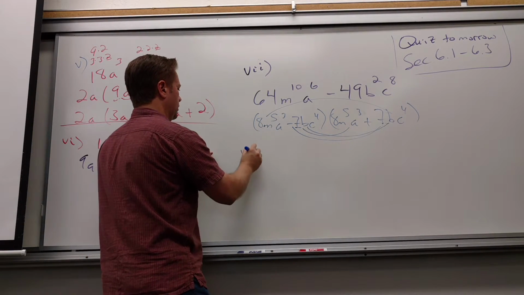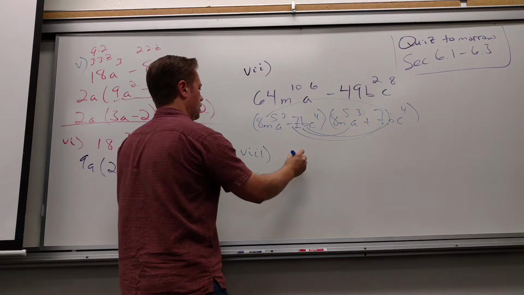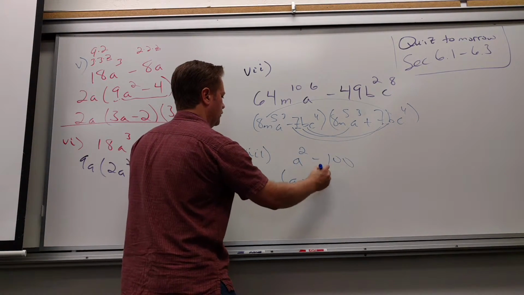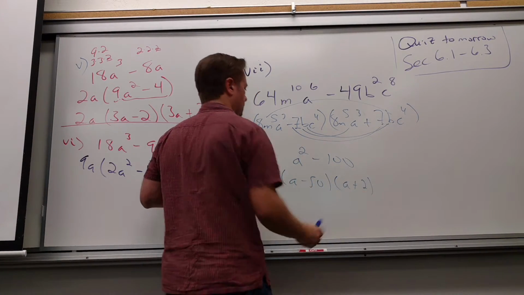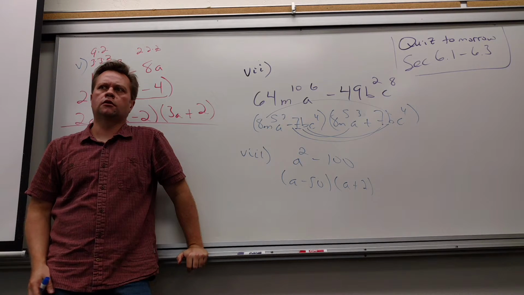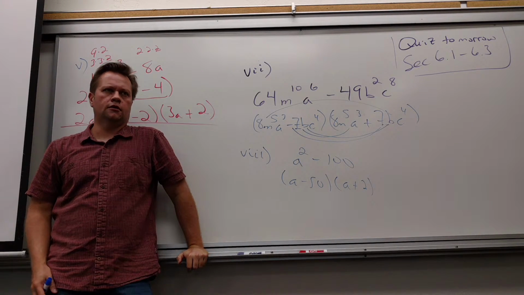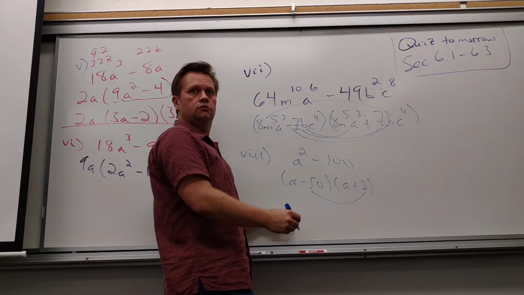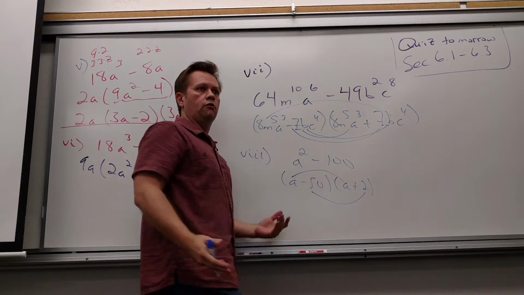So if somebody did something like this, if I had a squared minus 100, and somebody said a minus 50, a plus 2, how would you convince them they're wrong? Because it's not a sum of squares. When you multiply, you do get negative 100, don't you? And you do get a squared, so they're like, what's the matter, man?